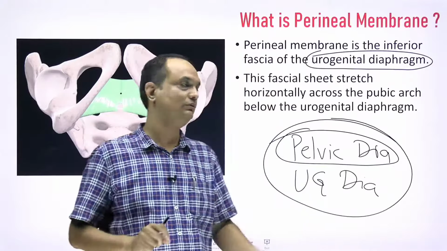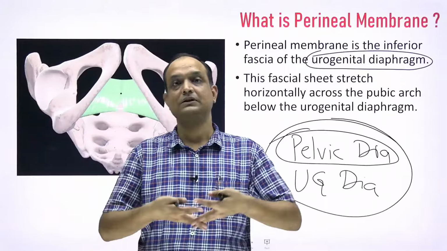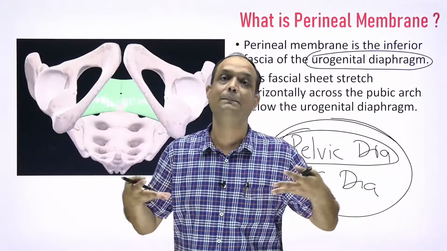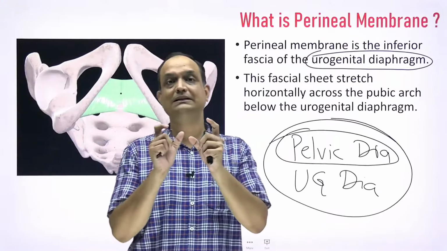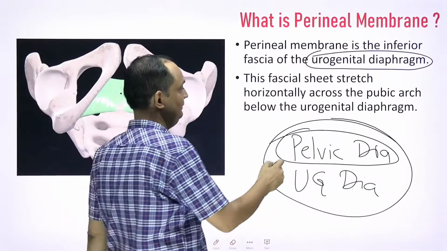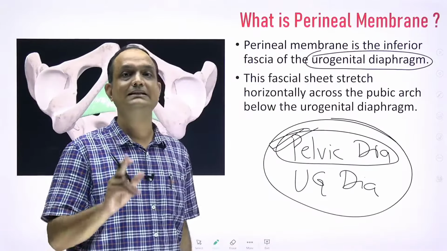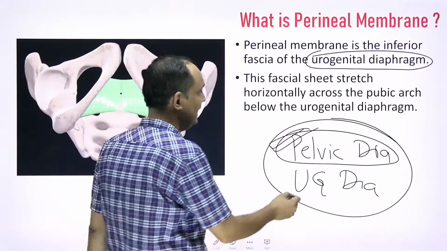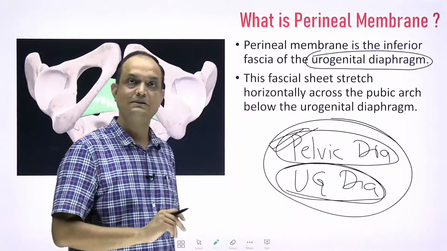So whenever we use the word diaphragm, most of the time we have muscles making a partition, and we label them as a diaphragm. So this concept is clear that levator ani is a muscle of the pelvic diaphragm. In the same manner, the urogenital diaphragm is also made up of muscles.